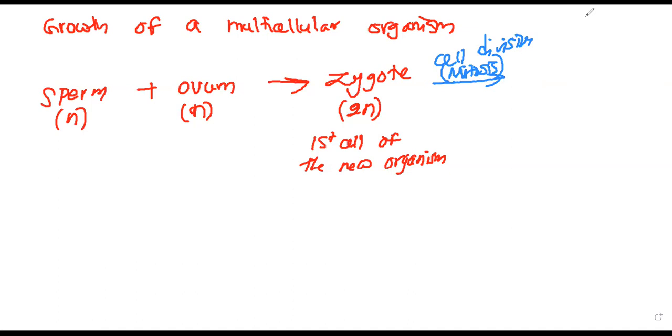So the zygote is replicated, and the cell number increases. Then it forms different structures called morula, blastocyst, and so on, and finally ends up as an embryo, fetus.